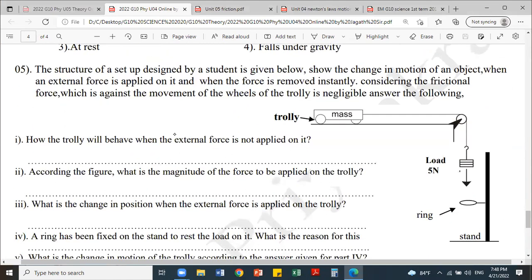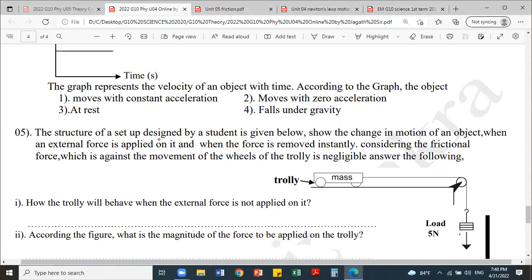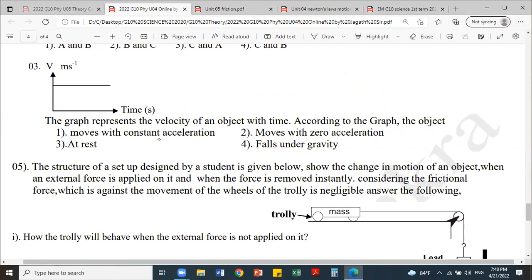Right. So the answer is second, right? Question number 3, what is the answer? Answer is most with 0 acceleration. Answer is second.